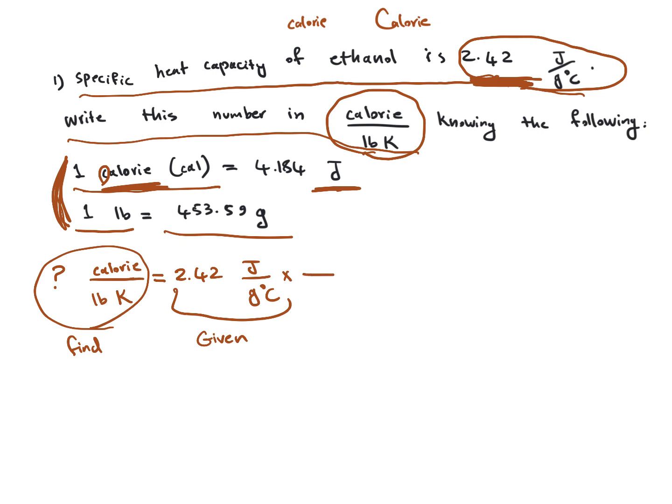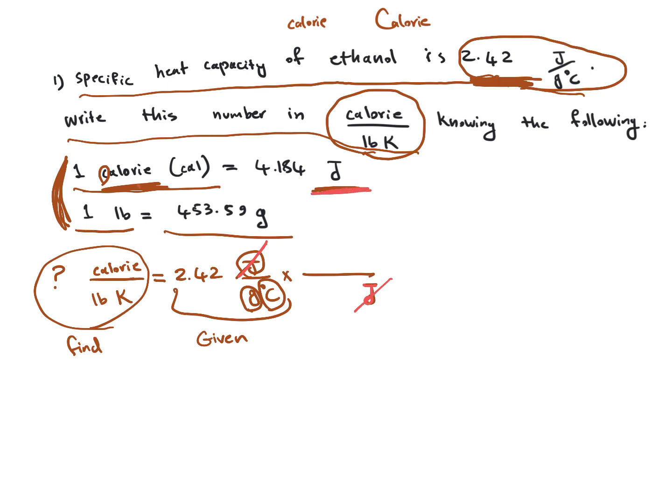Here is what you want to find, and this is what you are given. Multiply by, you have 3 different units that you want to convert, so you should write 3 conversion factors. First, whichever you want to convert first. I started with joules. Again, you want to get rid of joule, so you write joules here in the denominator so it cancels with the numerator.